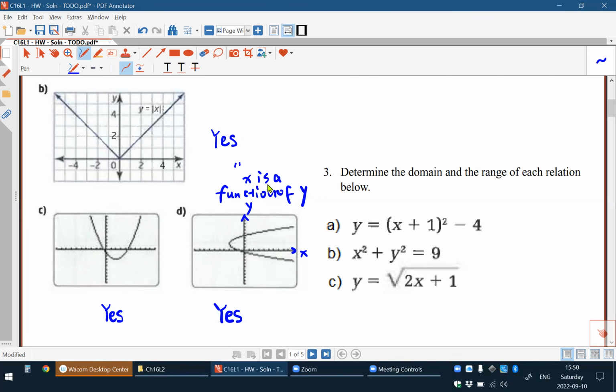So if I give you a statement like x is a function of y, this graph should be correct, but y is not a function of x according to this diagram. So remember, everything is relative. You need to consider which one is the dependent variable and which one is the independent variable, okay?